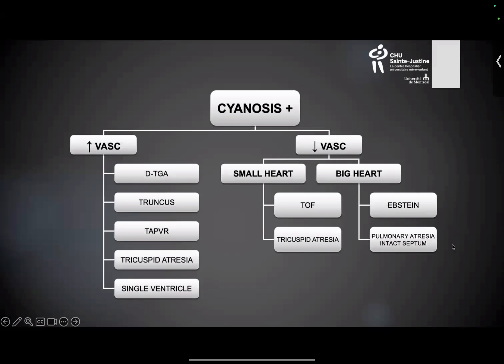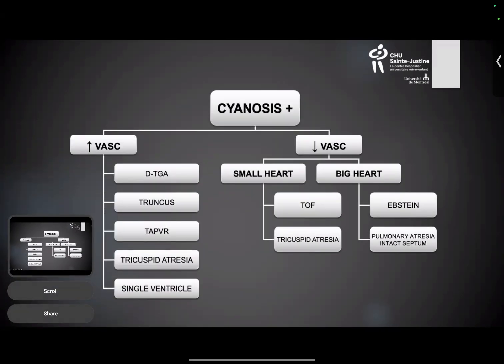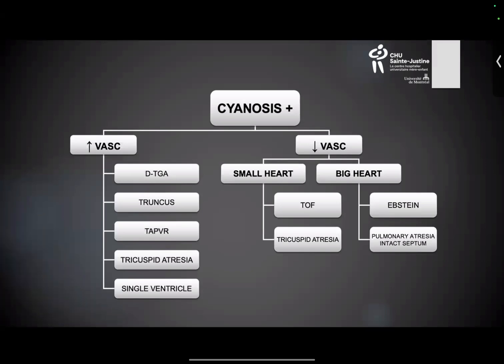The differential diagnosis would be a pulmonary atresia with intact septum. So when the vascularization is not big, check the heart. Big heart, Epstein, small heart, tetralogy of Fallot. I think in my presentation, this is the most important figure, and I have to give the credit to my colleague, Dr. Lapierre.